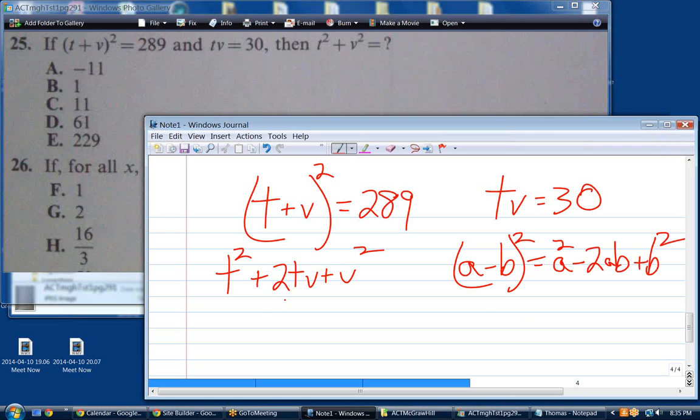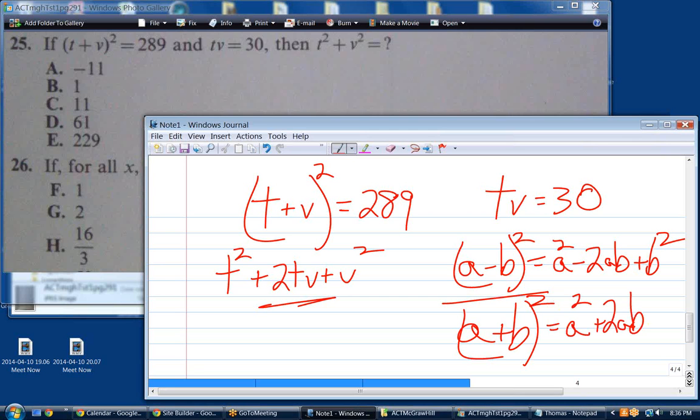The only difference is that middle term. Instead of plus 2 times both variables, it's minus 2 times both variables. Memorizing that is huge and will be very beneficial to you. You won't have to spend time foiling it or writing it down. You'll know instantly when you see t plus v squared that it's this.